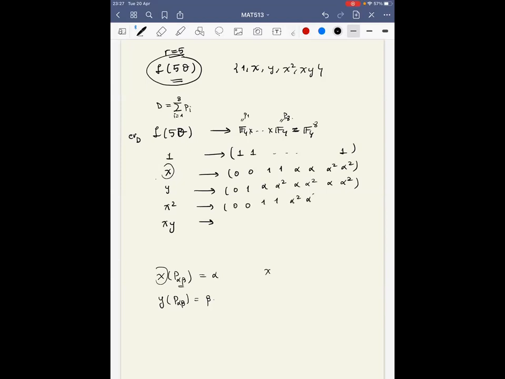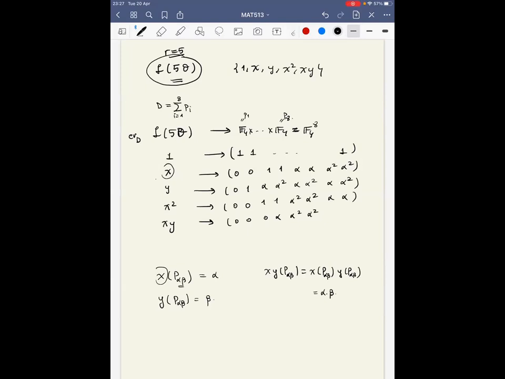Indeed, this evaluation map is also injective. For x times y, the evaluation at P_{alpha,beta} is going to be the evaluation of x times the evaluation of y, that is alpha times beta.